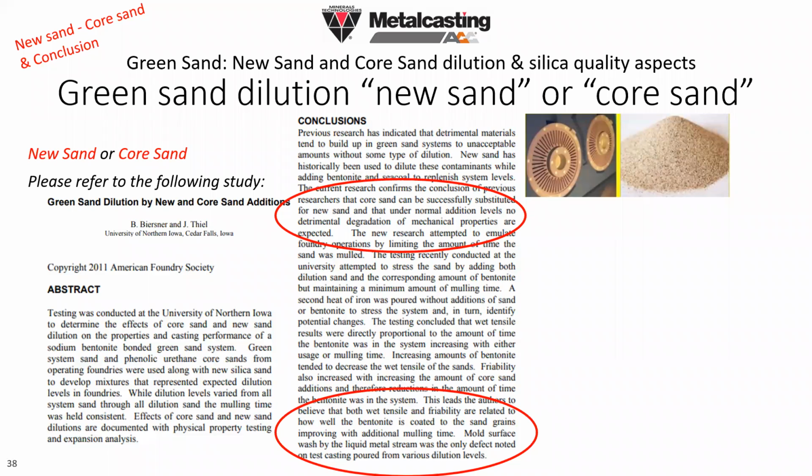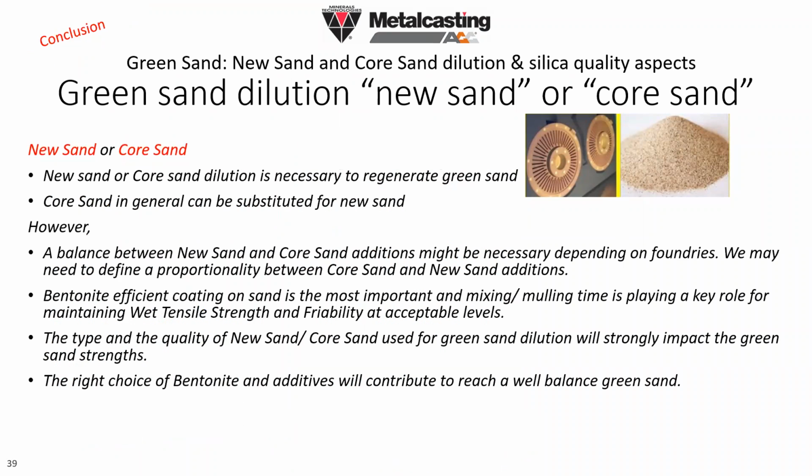Well, now we can arrive at the final conclusion about our presentation today. I want to summarize it very briefly in a few bullet points. First, if you want to use new sand or coarse sand for green sand dilution, remember that new sand or coarse sand dilution is necessary anyway to regenerate green sand.